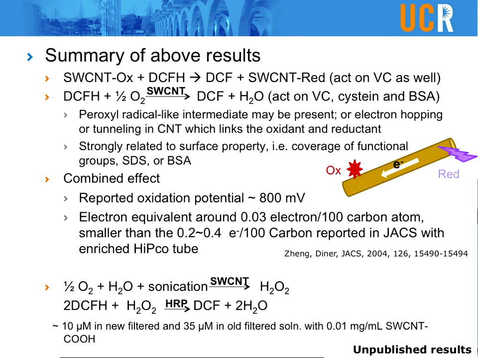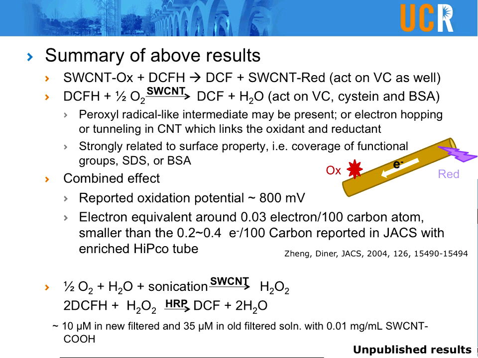After we quantified this, we know that the HRP we previously put in the solution may not be sufficient. We only put 2 units per milliliter of HRP. If 10 micromolar of hydrogen peroxide already exists in the solution, the HRP we added should be much more than what we added before.